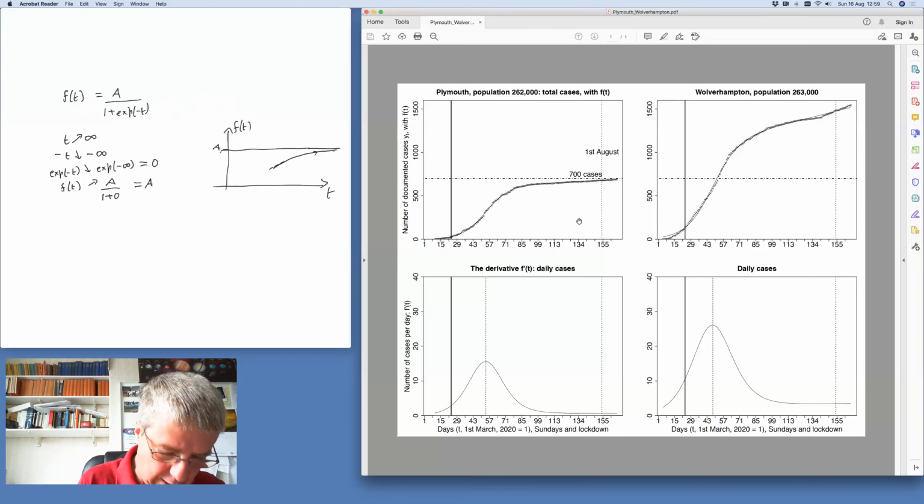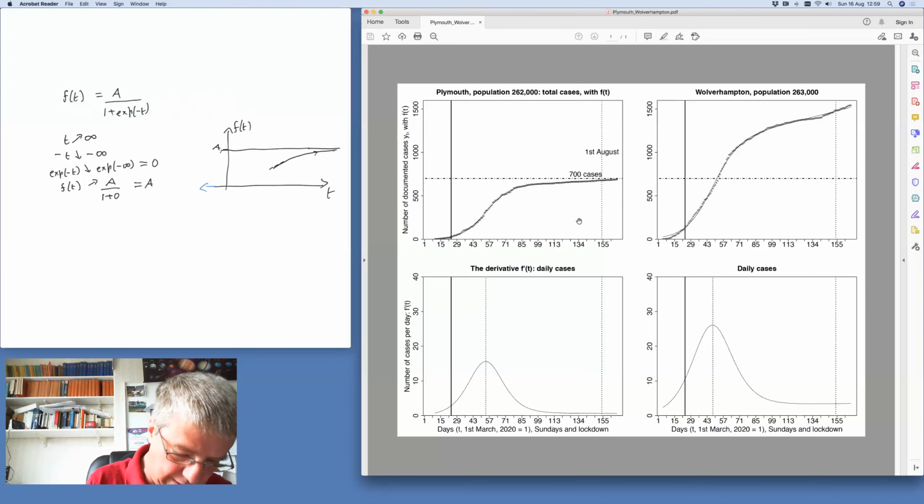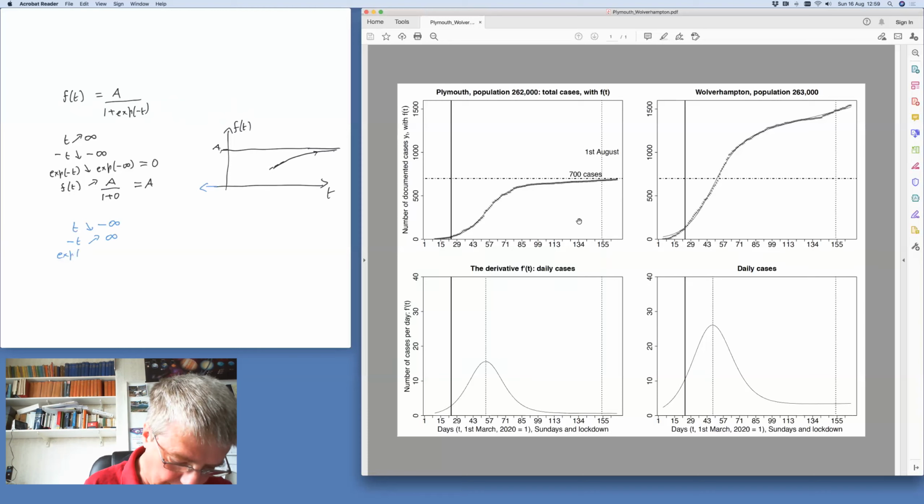Similarly, we can ask what's happening as t tends to minus infinity. So as t tends down to minus infinity, then minus t is going to tend up to infinity, and therefore the exp of minus t will tend up to the exp of infinity, which is itself infinity. Just think about how the exponential function behaves.